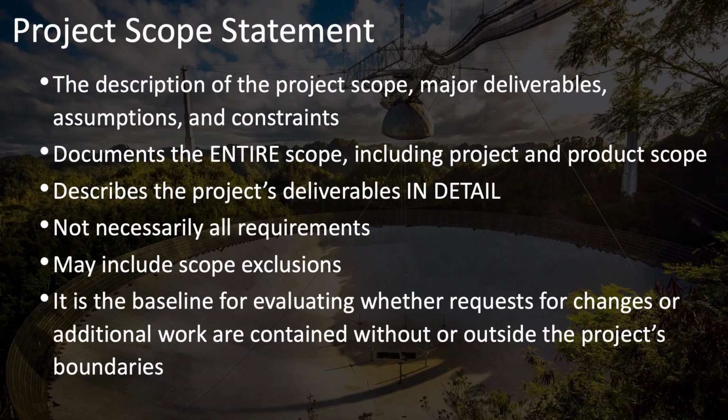It's the project scope statement, not the requirements documentation, that is the baseline for evaluating whether or not you've done everything in the project and whether or not requests or changes for more work fall within the bounds of this project or not. The project scope statement, not the requirements documentation, serves as the baseline.